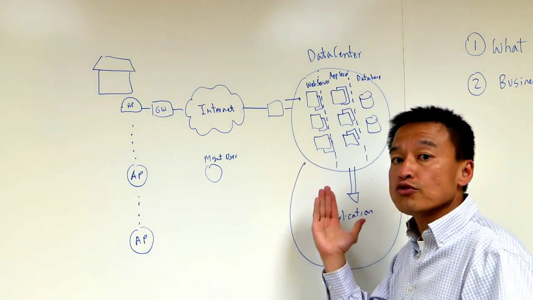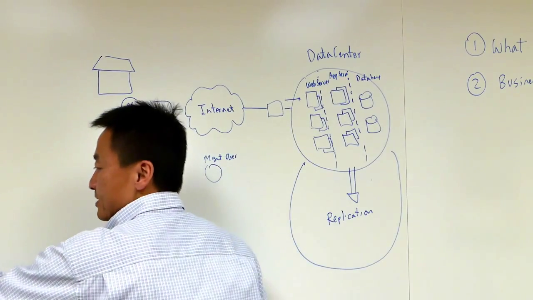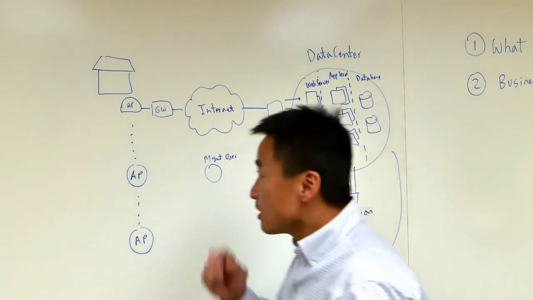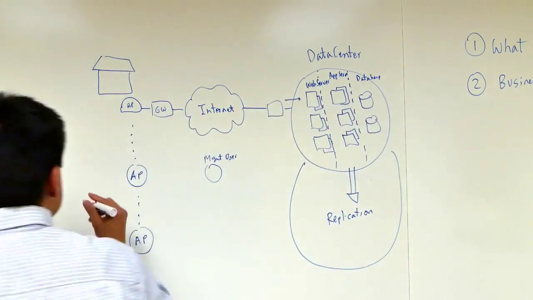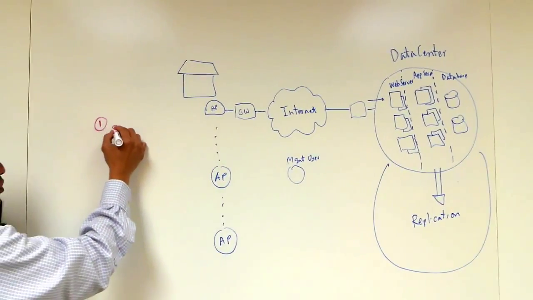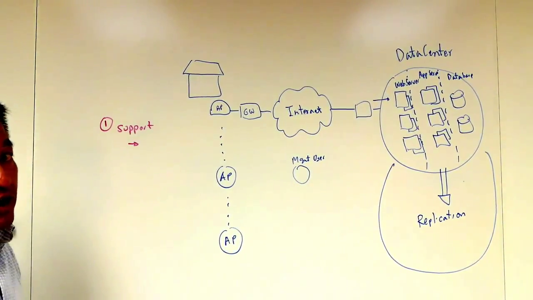Now let me go through some of the typical flow, how the access point gets connected. Remember, you bought an access point. First thing you do is you go to NETGEAR support to download the cloud-enabled firmware.